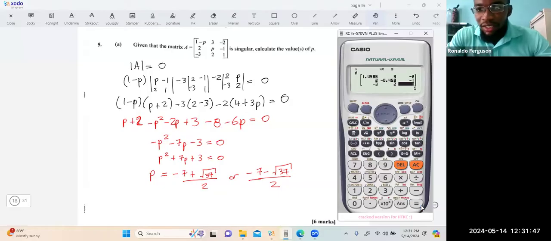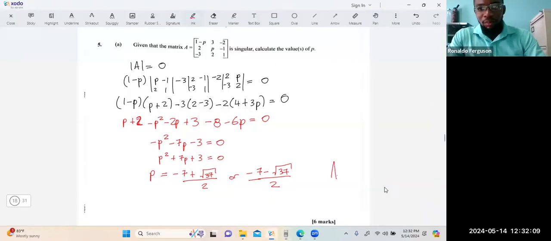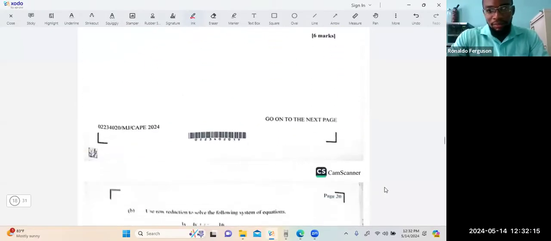I'm supposed to get my determinant being 0. Then I know that that value for p is correct. So now I'm going to evaluate my determinant of matrix A. Come on, please be 0. Yes, it's 0. So we're right, guys. These are the two values for p. It's just that that's very weird. Oh no, that we get them weird values there for p. No problem.